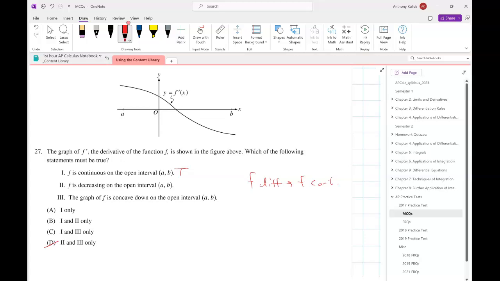The next one says f is decreasing on the open interval from a to b. What does decreasing mean? Okay, in terms of derivatives, though? It means the first derivative is negative.